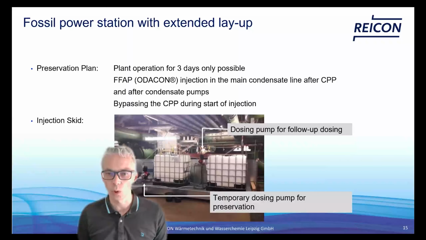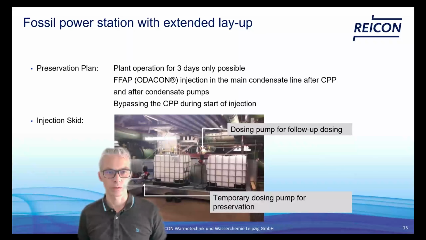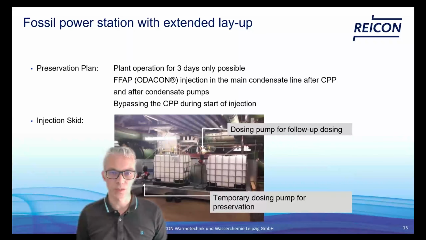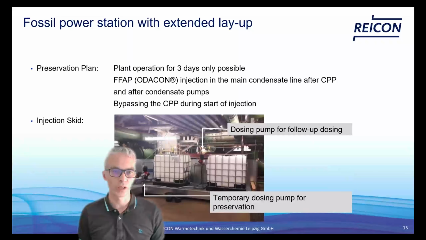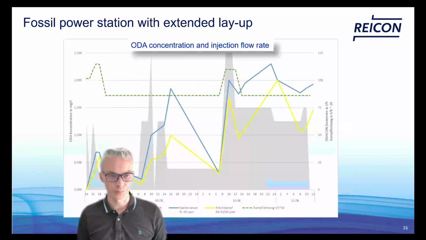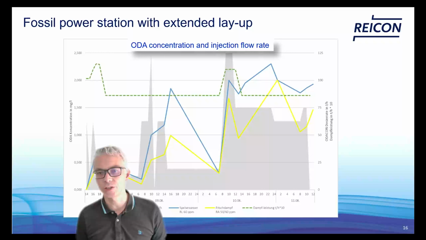So they used a smaller pump for the follow-up treatment. We started with bypassing the condensate polishing unit with the start of the injection to avoid any influence of the FFA through the resin. Here you can see the development of the concentration in the feed water, which is the blue line, and in the fresh steam, which is the yellow one.